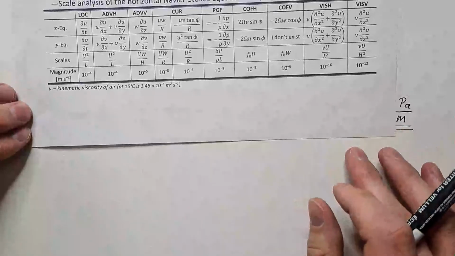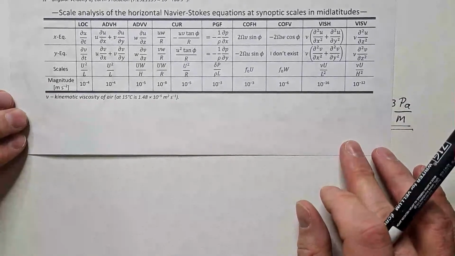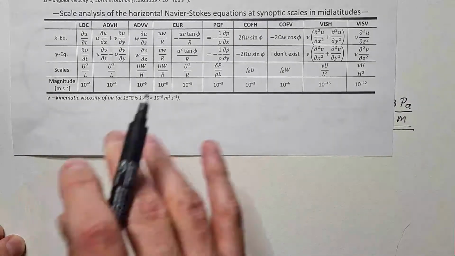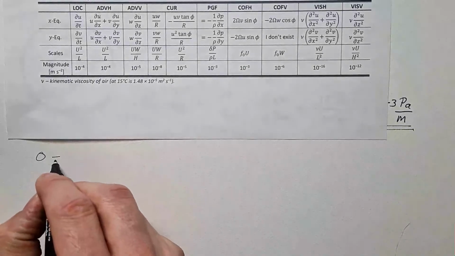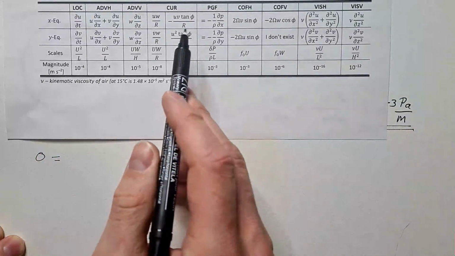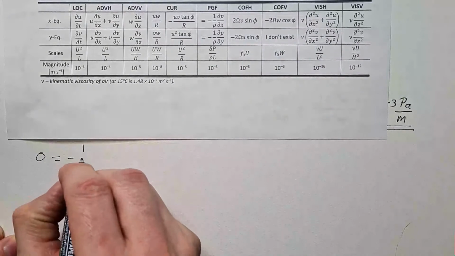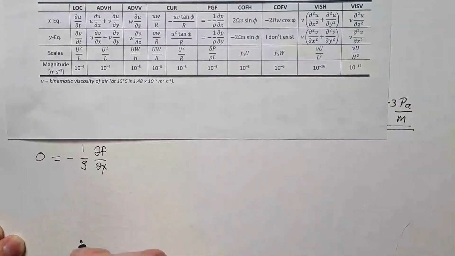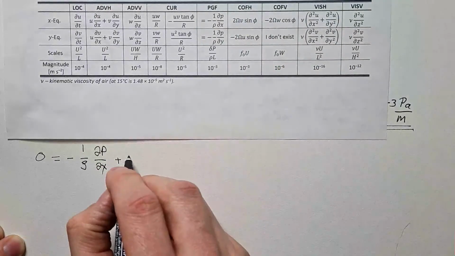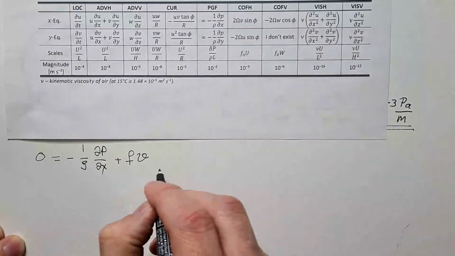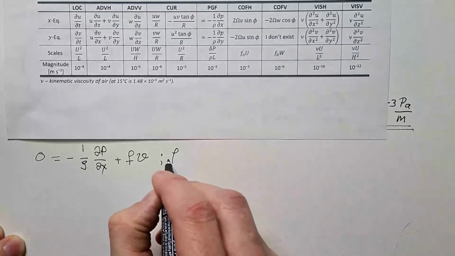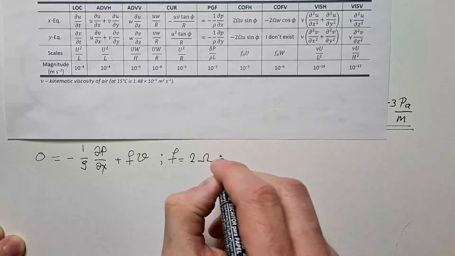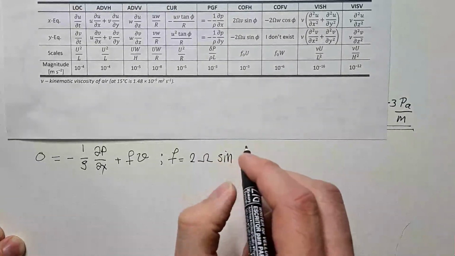So retaining only these two terms, notice that in the x direction we have 0 equal, there is nothing on the left-hand side, and we have minus 1 over rho ∂p/∂x plus f times v, where you will remember that f is the Coriolis parameter, 2 omega sine phi.